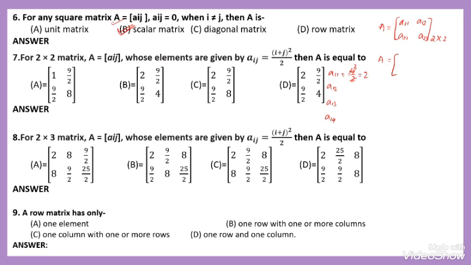The value is 2. Similarly for A12, i value 1, j value 2. 1 plus 2, 3. 3 square will be 9. That is 9 by 2.